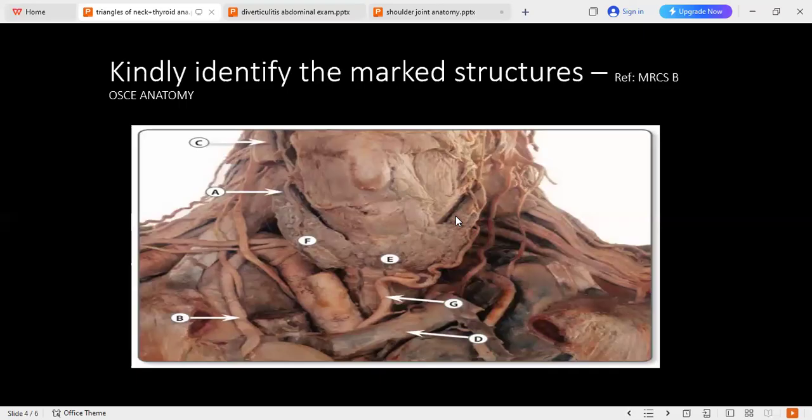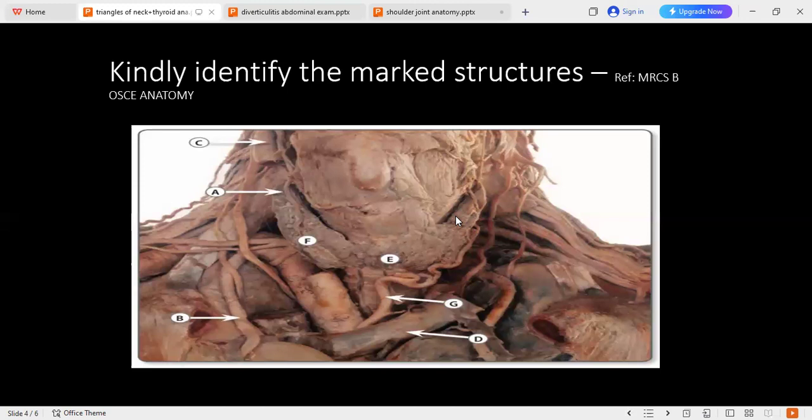Incomplete. All right. Please tell me why the thyroid moves during deglutition.